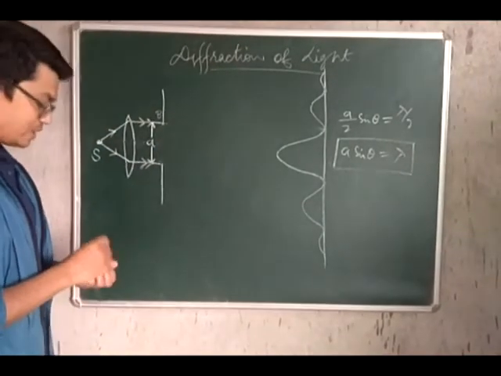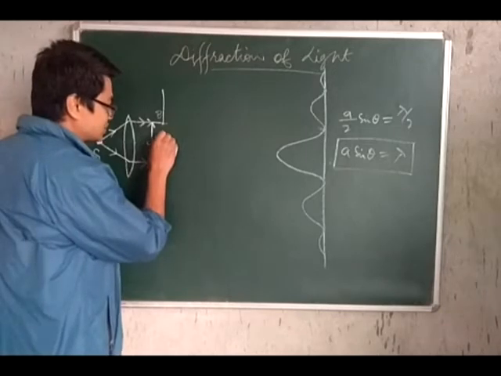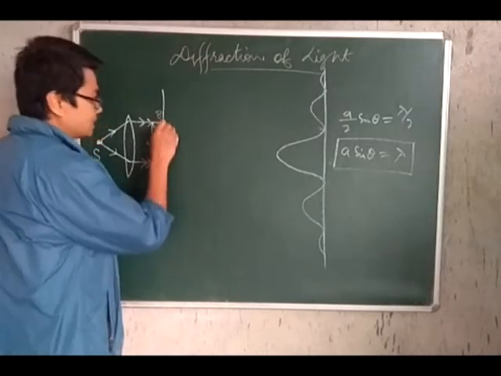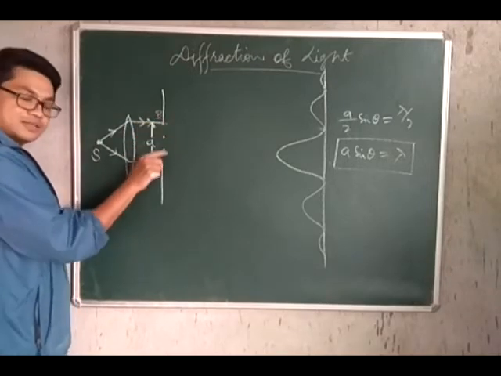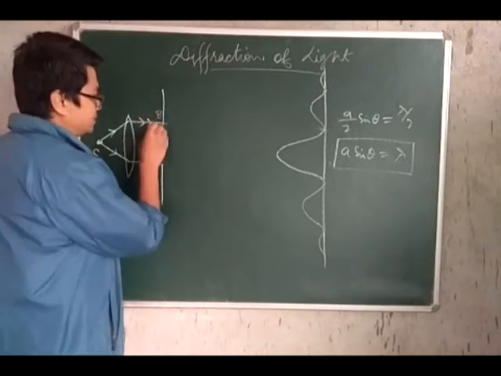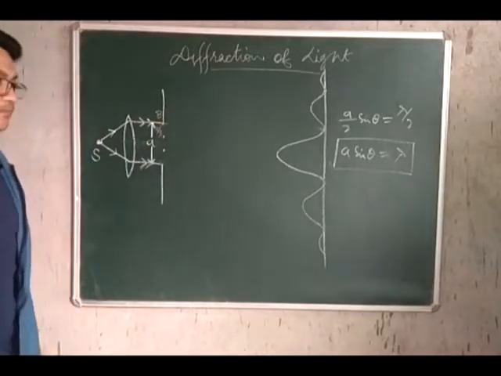Now in order to get the first maximum, we divide the slit into three equal parts, such that it's like three different slits now operating, and the width of each slit is now a by 3.